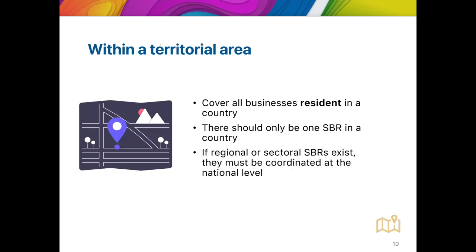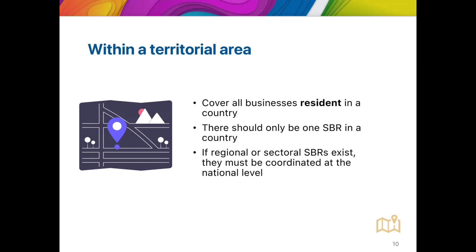Next, for an SBR's definition is the territorial area. Ideally, an SBR should cover all of the businesses in the country to ensure a comprehensive view of the economy. There should also be a single central SBR in the country to ensure data consistency, efficiency, cohesion, and avoid duplication of work.